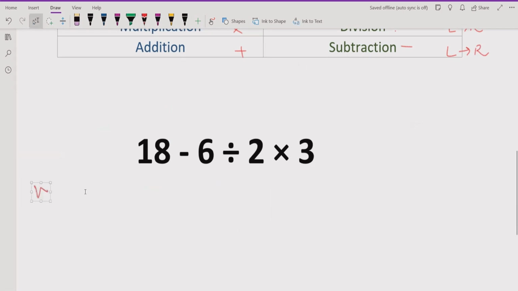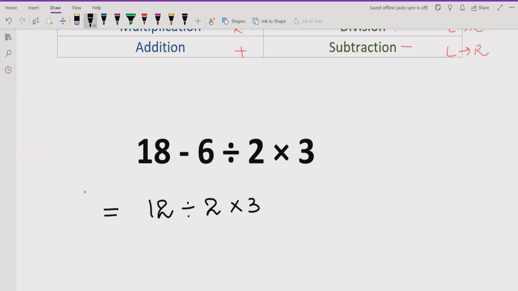Sometimes people solve it this way: 18 minus 6 gives 12, and now you multiply by 3.